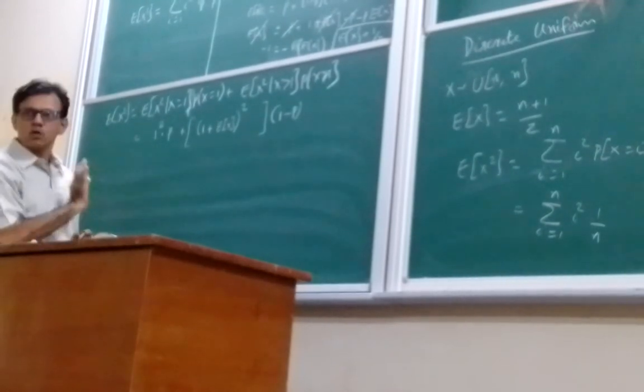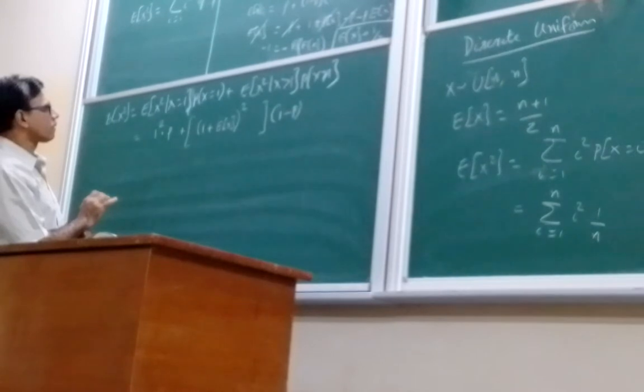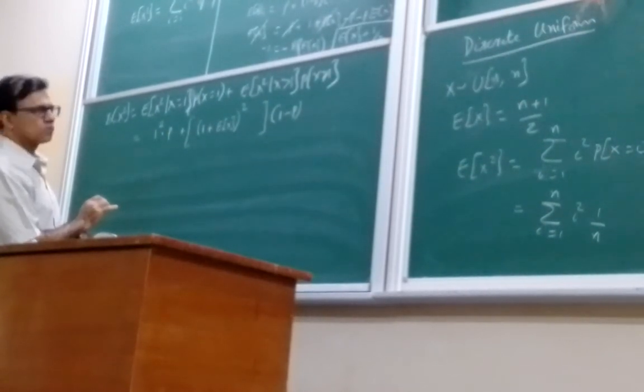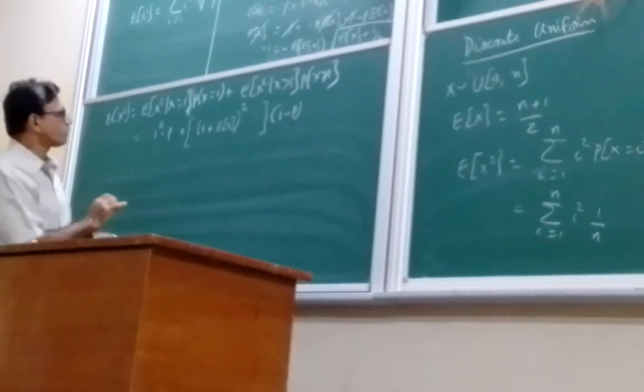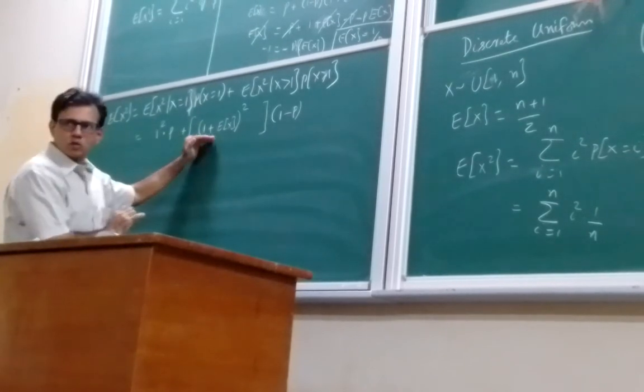Sorry, 1 plus x the whole square. Okay, it is, yeah, 1 plus E of x the whole square.